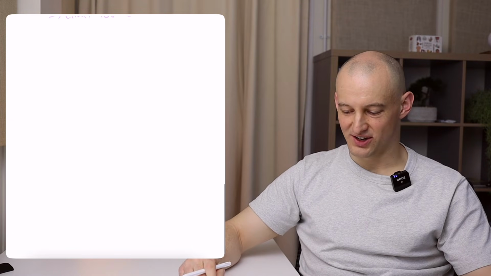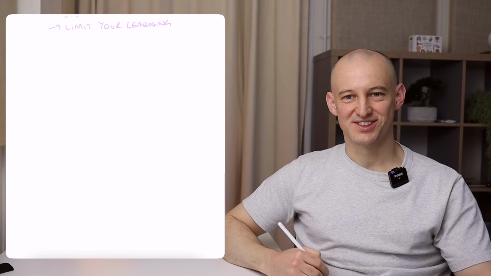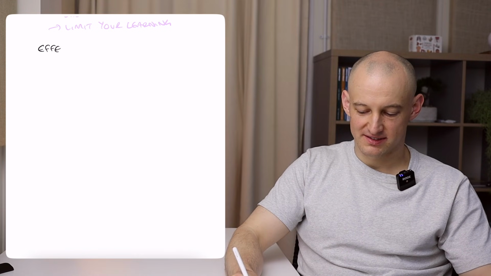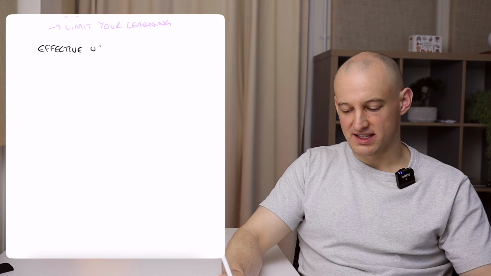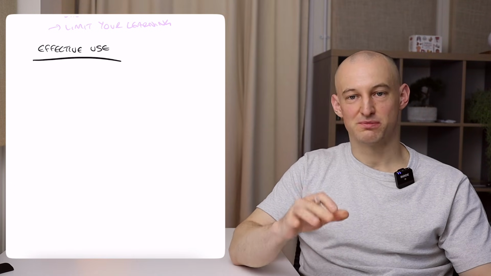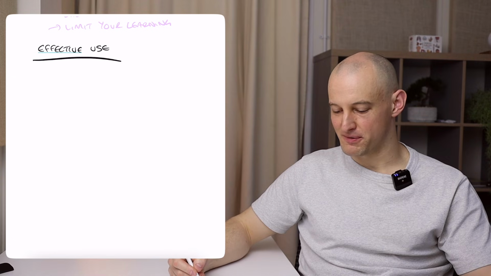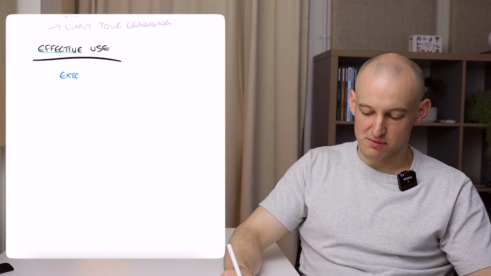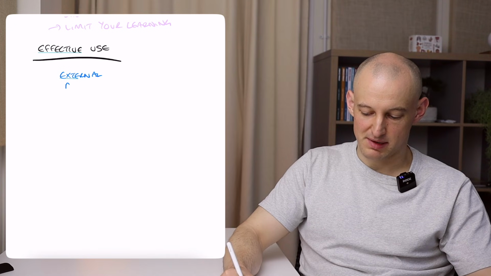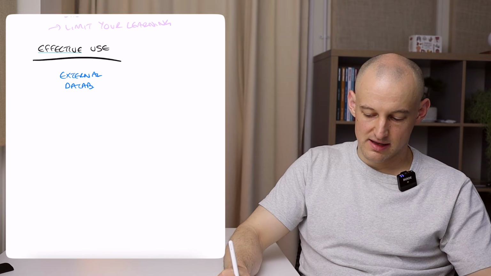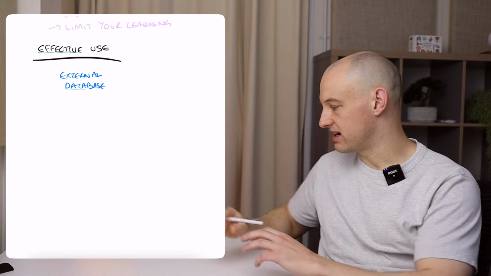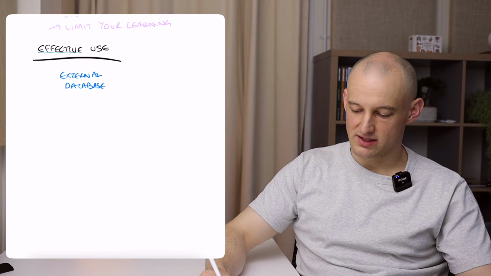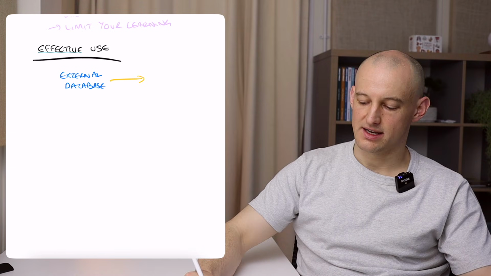So, having given you that warning story about what not to do, let's talk about effective use. This is how I would recommend you use mind maps because they can be very powerful. So the way to use it is when you're going from your external database, so this is written content like you'd have in the Zero to Finals textbook, and you're transferring that to your internal database.